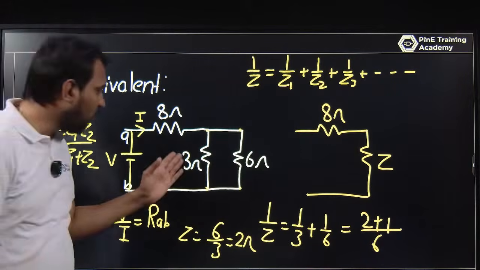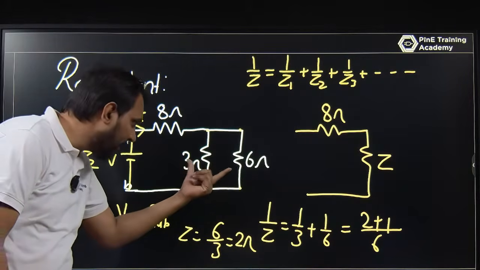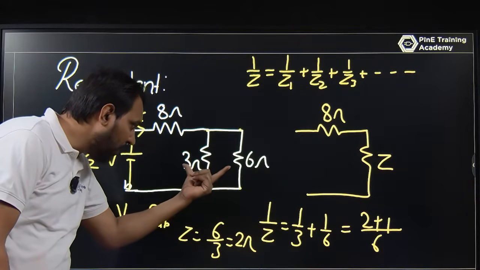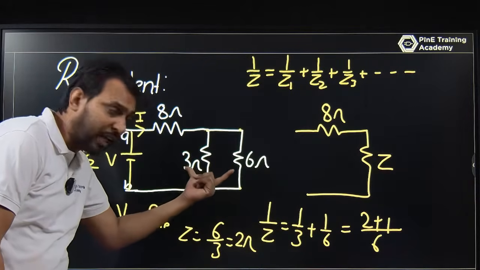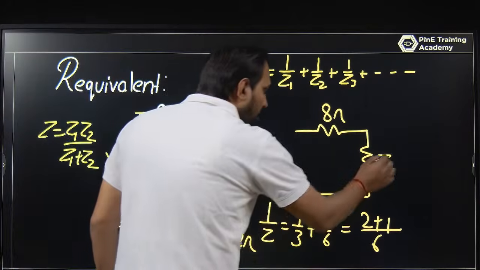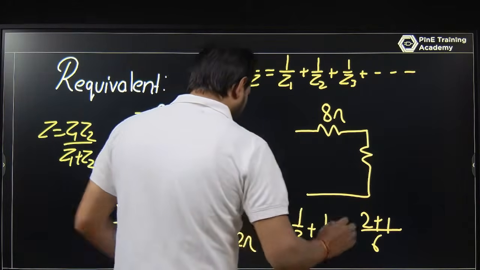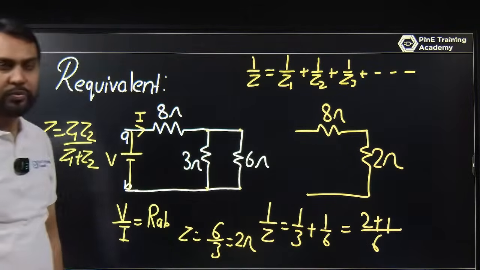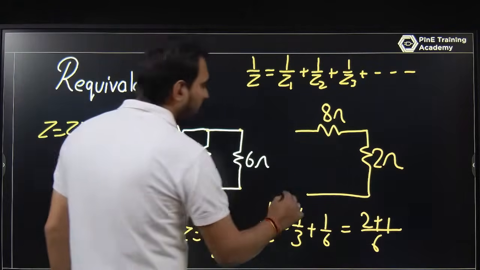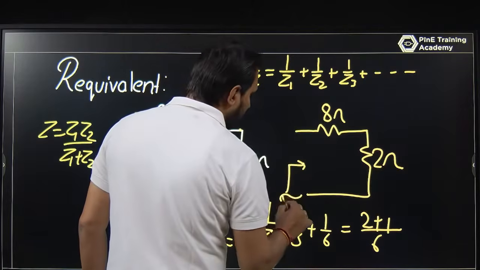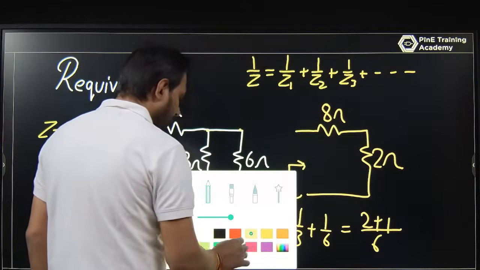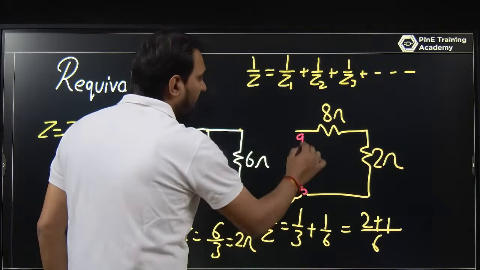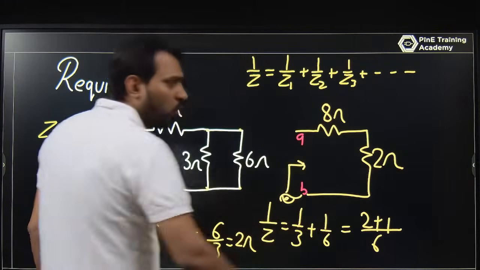So the 3 and 6 are in parallel, so we can make one impedance in place of 3 and 6, and the value is 2 ohm there. If you look from this path, from A to B, the 8 ohm and 2 ohm are in series.